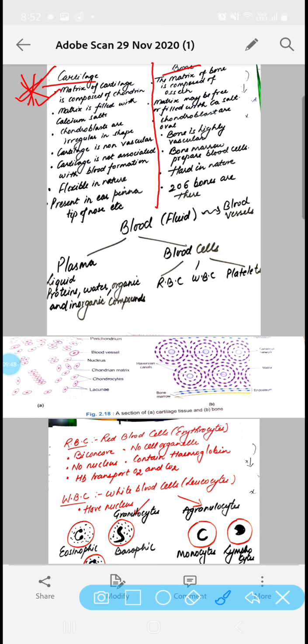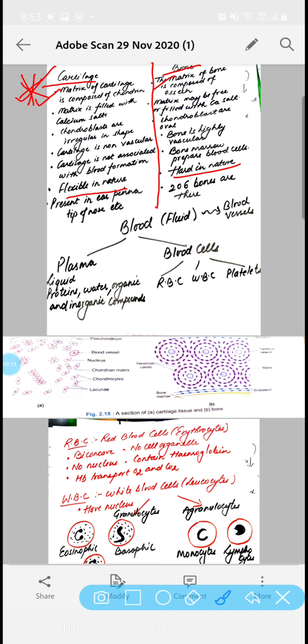And the matrix of bone contains ossein. So both of them are different. Clear? This chondrin is a flexible material and this ossein is an inflexible material. So that is why cartilage is flexible in nature, and bone is hard in nature.